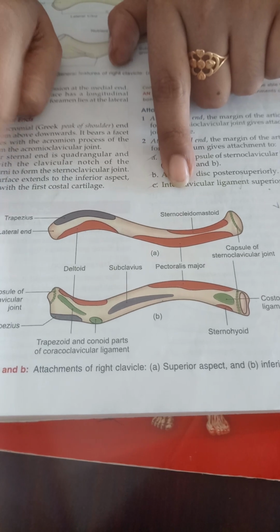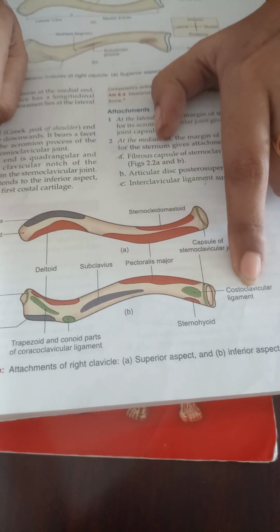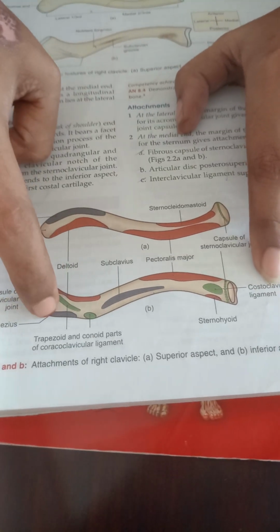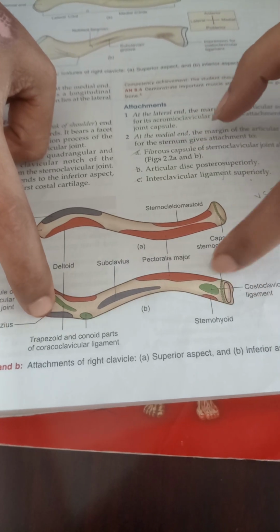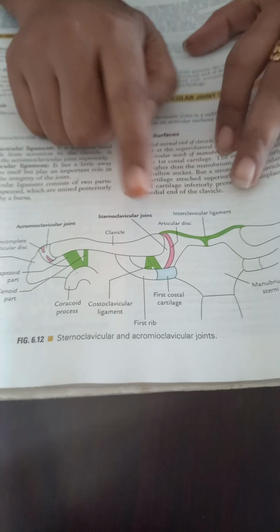And for the ligaments, we know at the medial end there is the costoclavicular ligament, and at the lateral end there is the coracoclavicular ligament, and at the two ends there are capsular ligaments of the joint capsule.